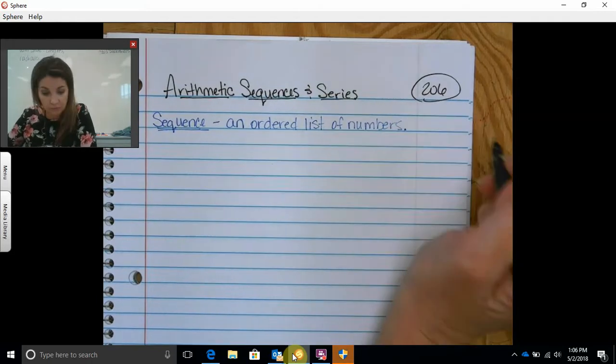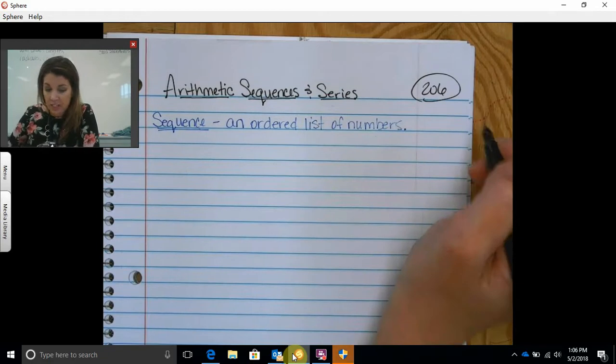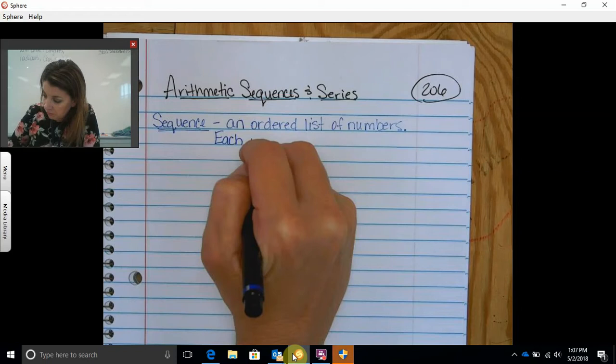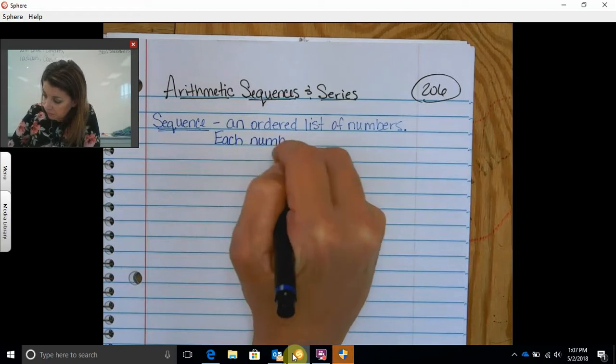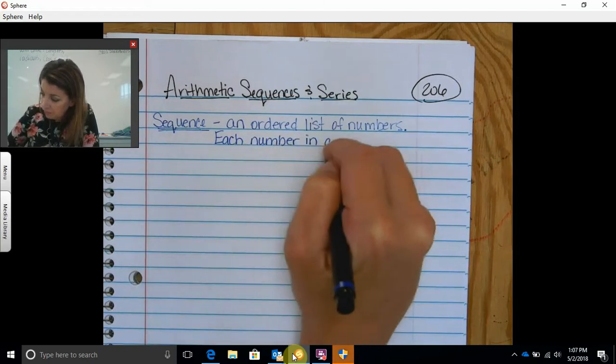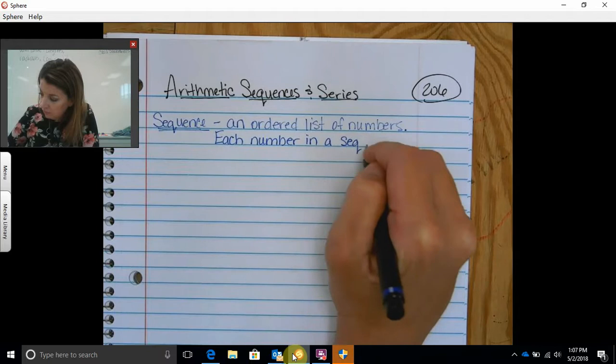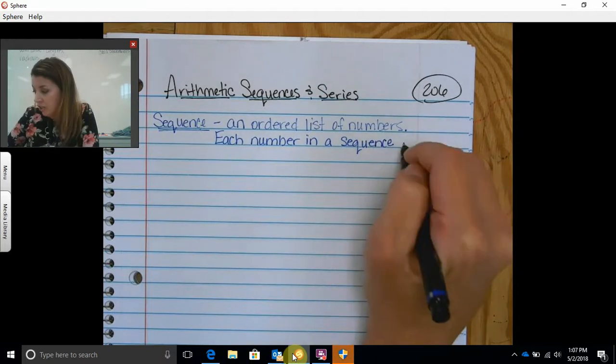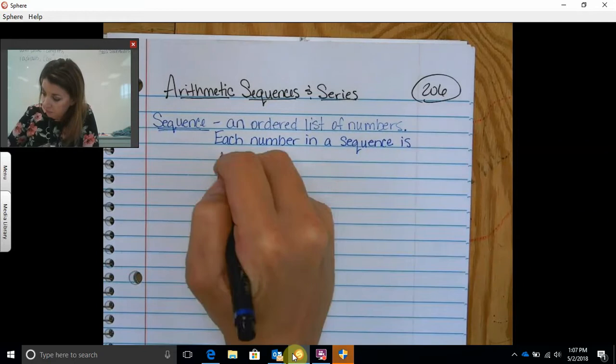Each number in a sequence is a term of the sequence.